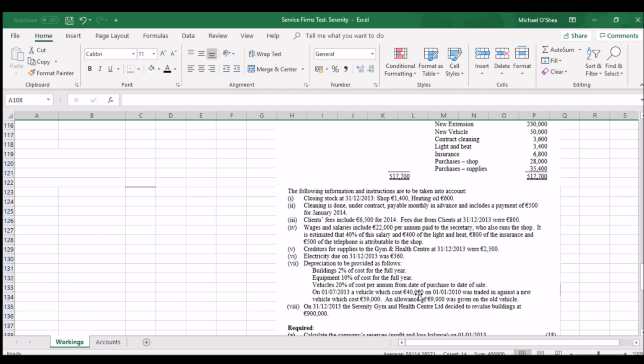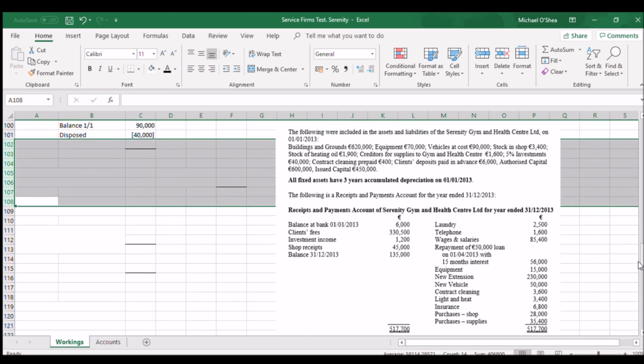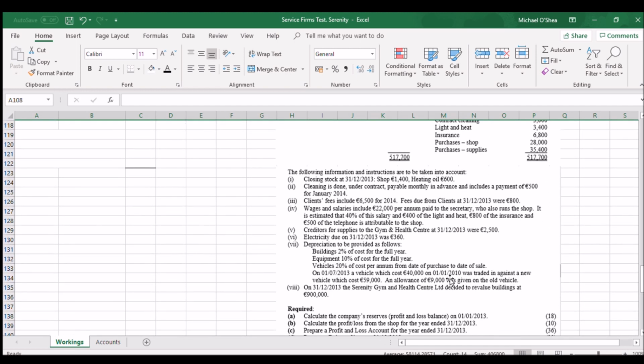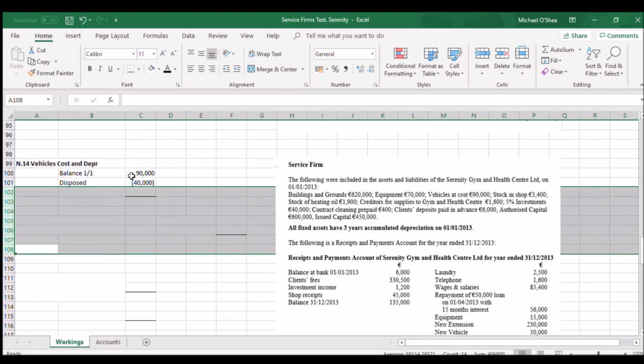We don't look at the depreciation, we don't look at the net book value. The original cost at the start of the year was 90,000, and I have a vehicle which had cost 40,000. So I have to take that 40 away from that 90. 90,000 at the start of the year, disposed of cost, figure 40,000. That always has to go to cost, it'll never go to anything else.